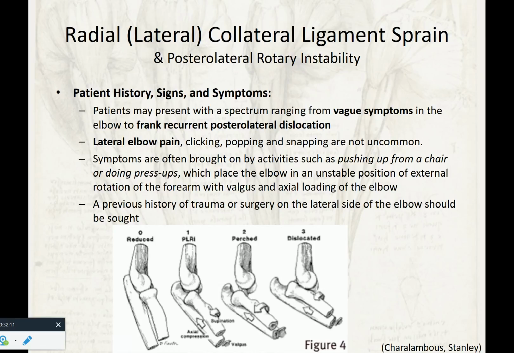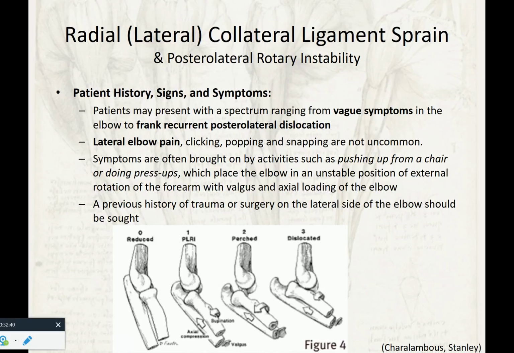Figure 4 at the bottom also goes over basically the three types of posterolateral rotary instability. In the picture marked 0, or reduced, the joint is congruent and normal. In posterolateral rotary instability, you can see how the radial head is beginning to supinate, and there's axial compression and also a valgus load.